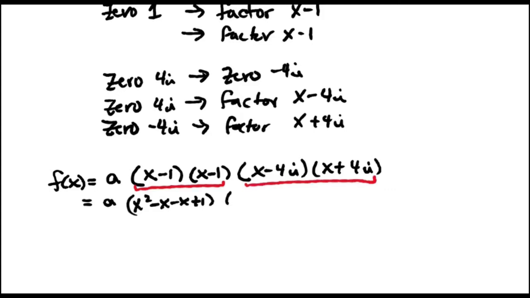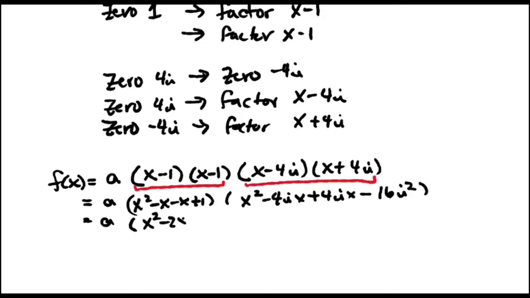And if I multiply these conjugate pairs together, that becomes x squared minus 4ix plus 4ix minus 16i squared.